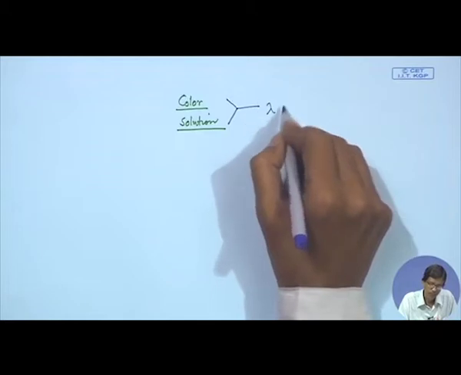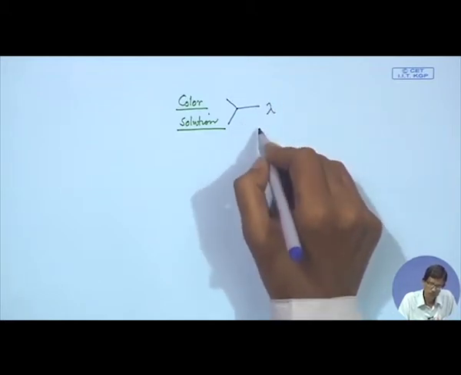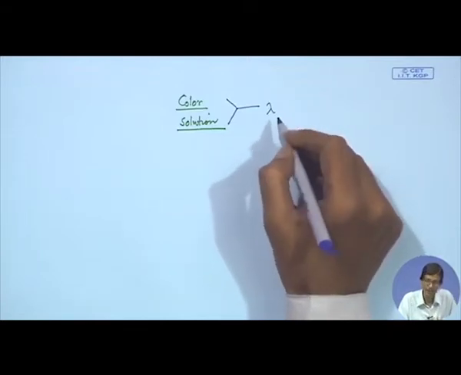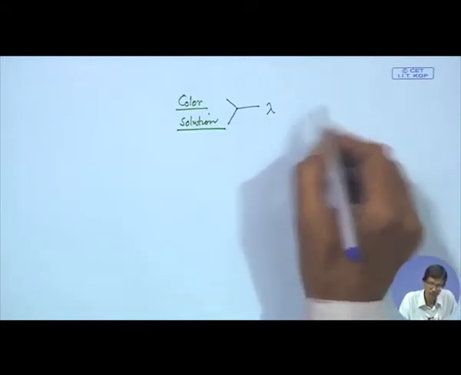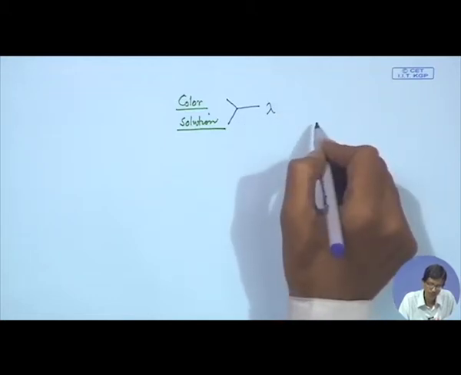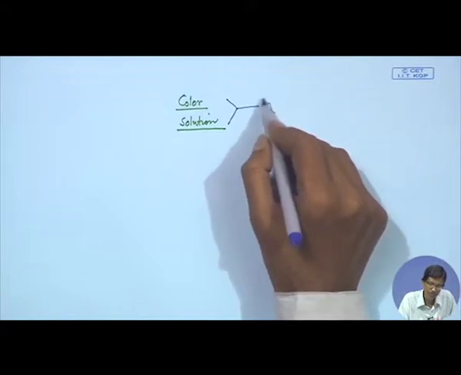Suppose we have added phenolphthalein to a solution and the color change goes from pink to colorless, which we can determine visually.